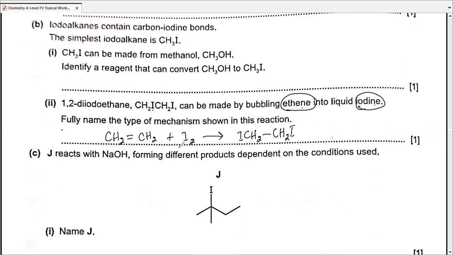If you take two atoms and put them equally upon both the doubly bonded carbon atoms by converting the double bond into a single bond, that is electrophilic addition. So this reaction is based upon an electrophilic mechanism, and it's addition because we get a single product.